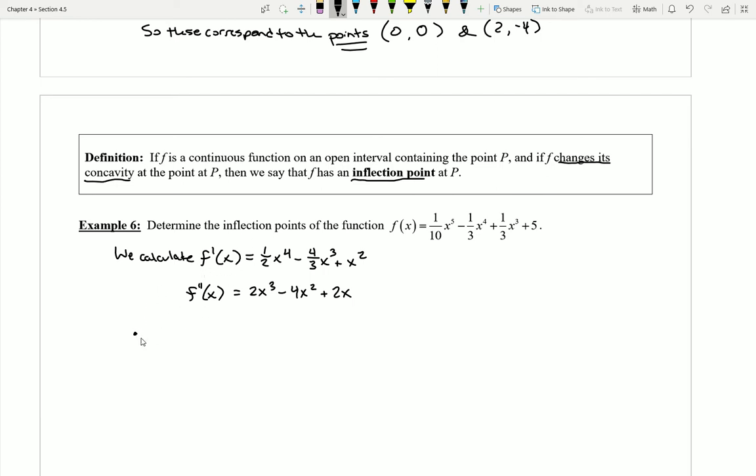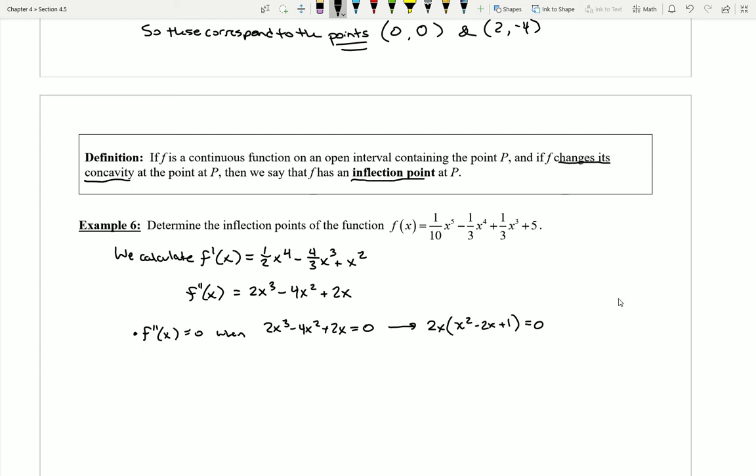So that means I'm going to see that f double prime is equal to 0 when 2x to the 3rd minus 4x squared plus 2x is equal to 0. So I've got to work with this. Maybe I can do some factoring. There's definitely a 2 and an x in common here. It's going to leave me with x squared minus 2x, I guess just plus 1.